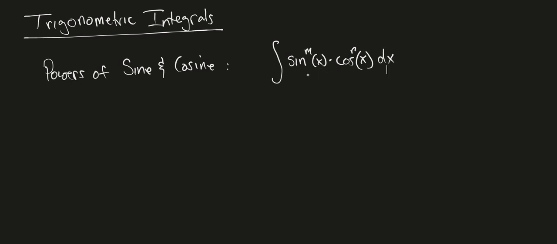And there are certain key procedures and identities that are needed depending on whether m and or n are even or odd.